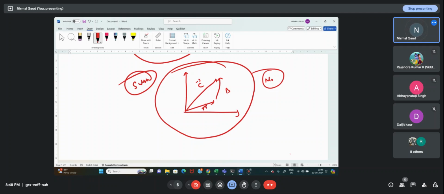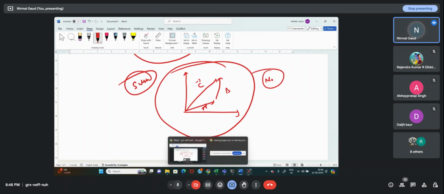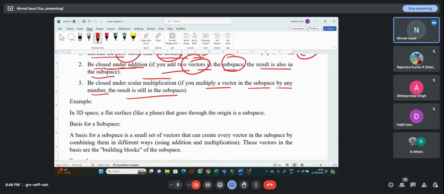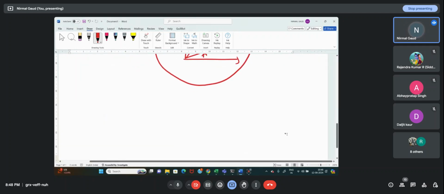All right, got it. Fine. So with respect to addition, it should follow. With respect to multiplication also, that's what it said: if you are having scalar multiplication, then also the resultant vector should be present here only. Let me give you an example.